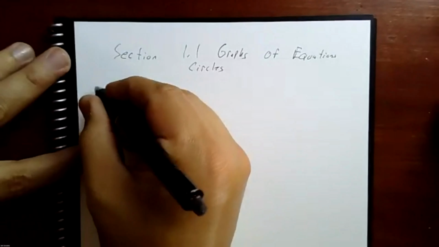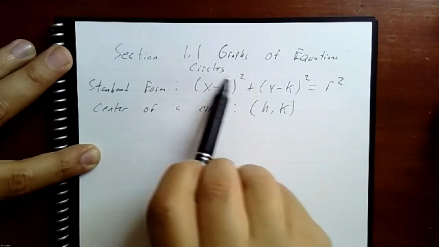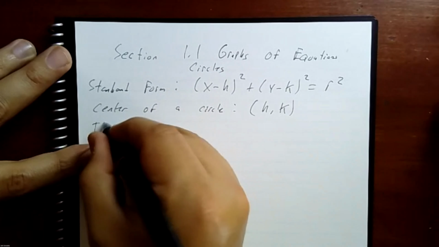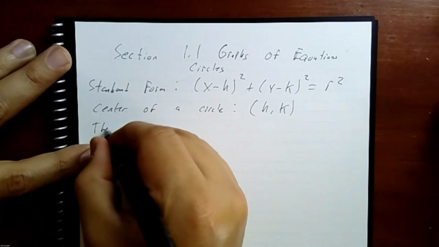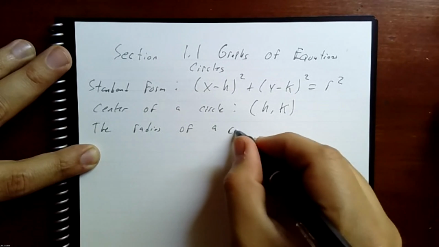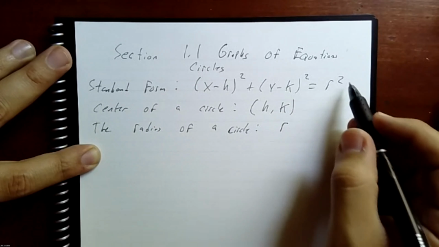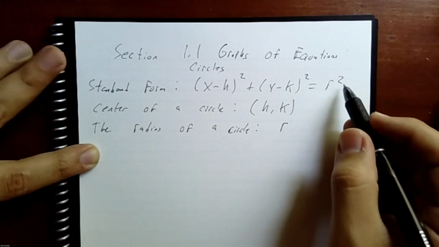The center of a circle is going to be (h, k). Notice how it is the opposite of whatever's in here. The radius of a circle is going to be this r right here. So if you have this number, you may have to square root this. That would be the radius.